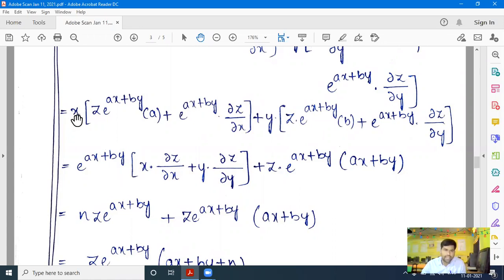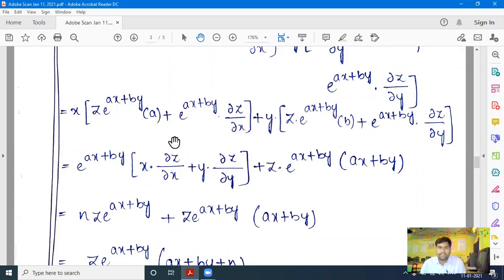Then x into dou z by dou x plus y into dou z by dou y. From this one and this one we are taking e power of ax plus by as a common. So x into dou z by dou x plus y into dou z by dou y, plus remaining terms are what? This one, so that is z into e power ax plus by.